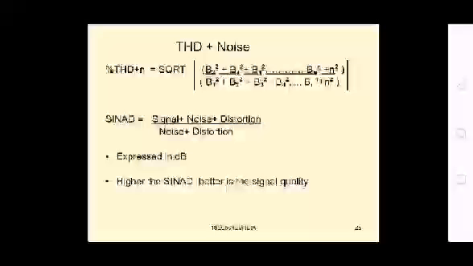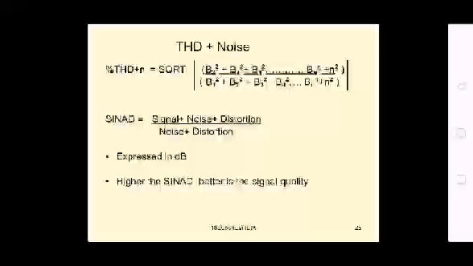When the signal is propagating, it encounters noise as well as these harmonics. So there is one more ratio, SINAD, that is signal, noise and distortion, which equals signal plus noise plus distortion divided by noise plus distortion.